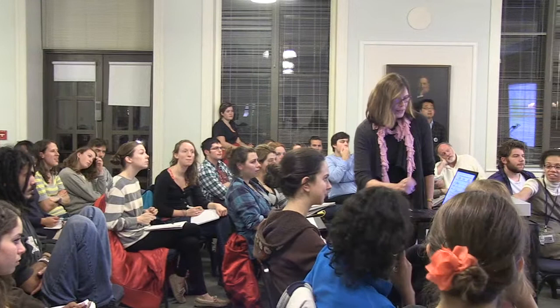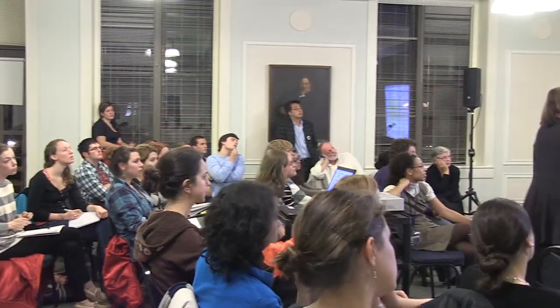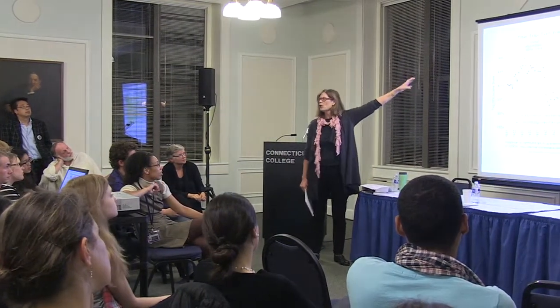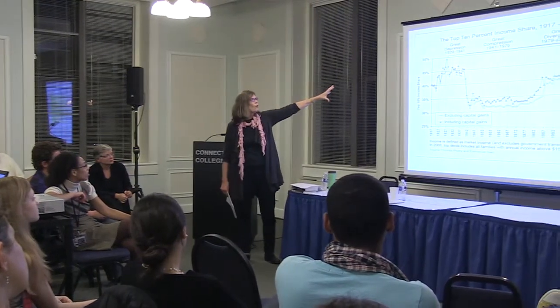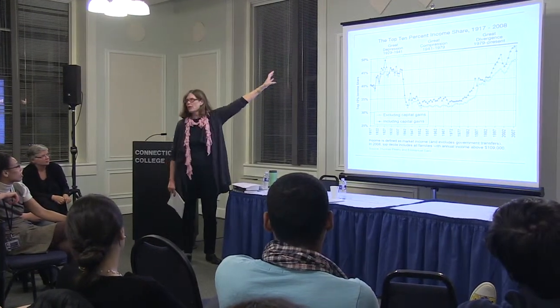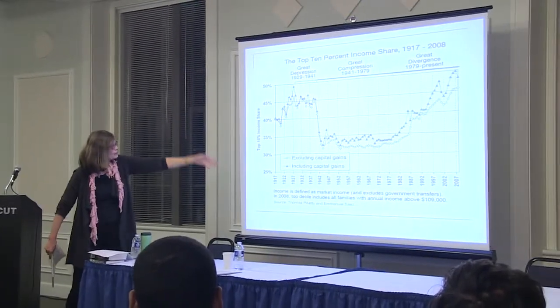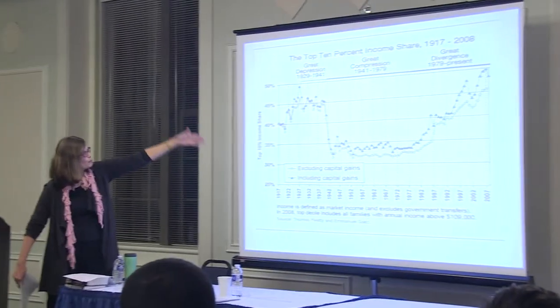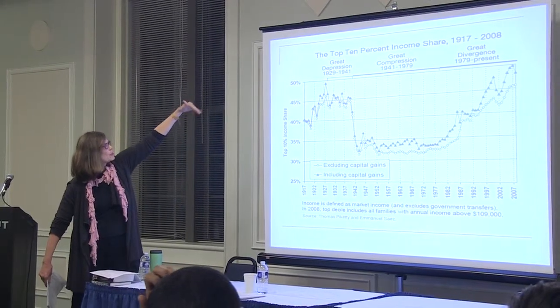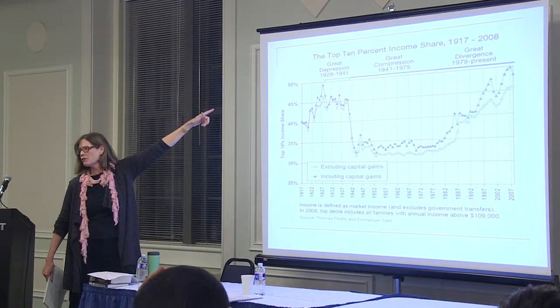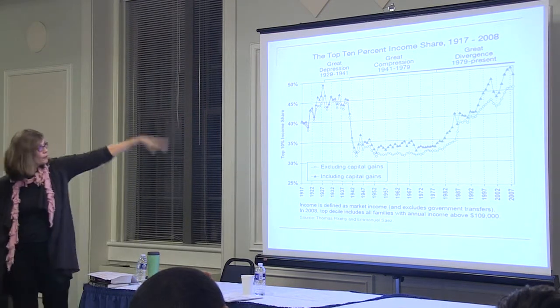But what I want to show you is that this is not an easy graph, but this is a graph that gives you a sense of the history of income inequality in the United States. This graph starts in 1917. I think you've heard a lot about how we've achieved levels of inequality now that are comparable to 1929. Well, that's what this picture shows you. These points at the top are from 1929, right before the Great Depression, and it's measuring the percent of income that's going to the top 10% of the distribution.